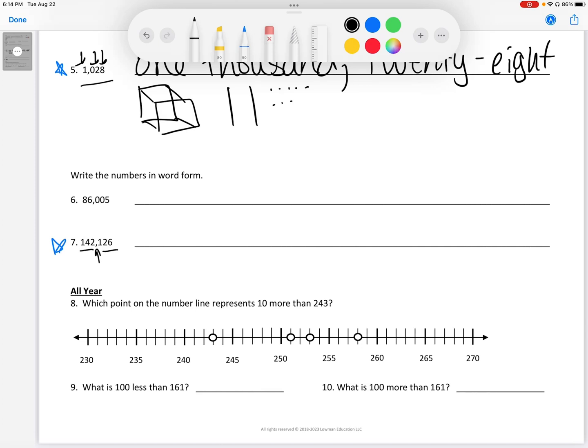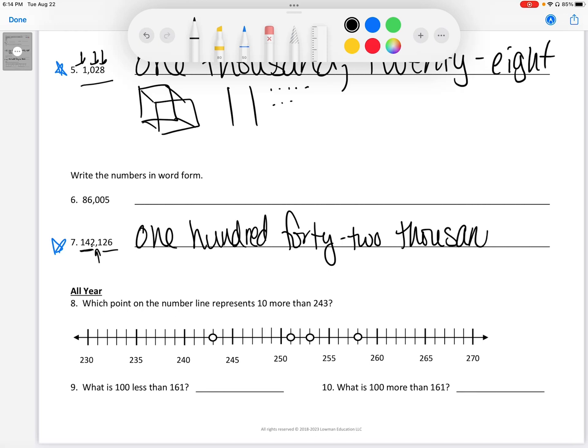When we do that, we can read this easily. 142, the name of this comma is 1000, 126, and we're going to write all of that down. $142,126, and that is that.